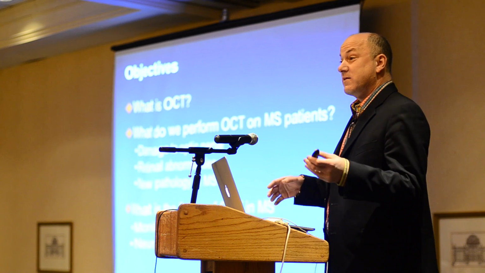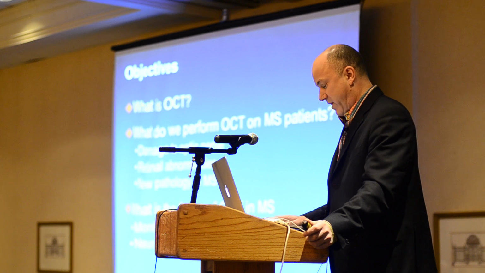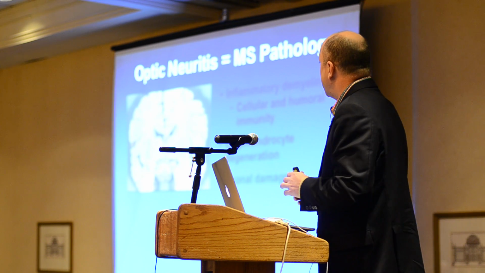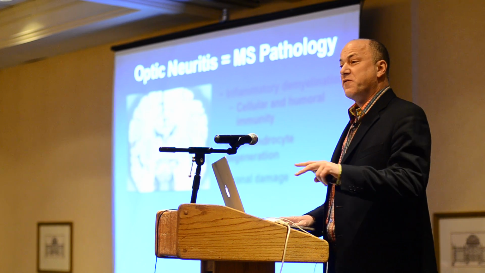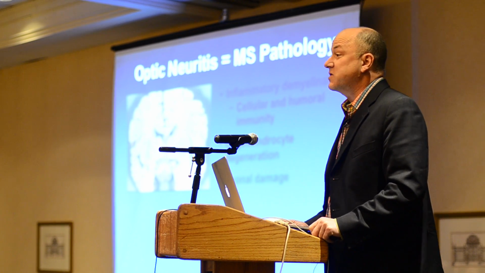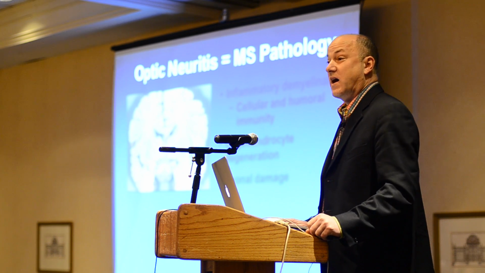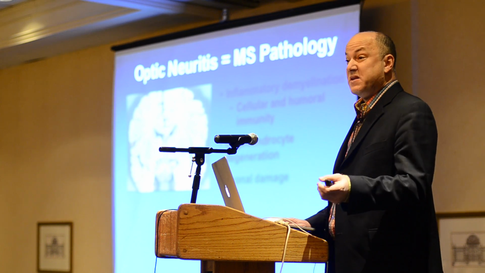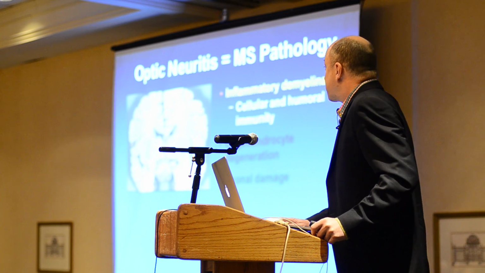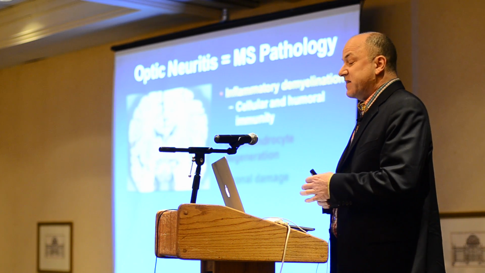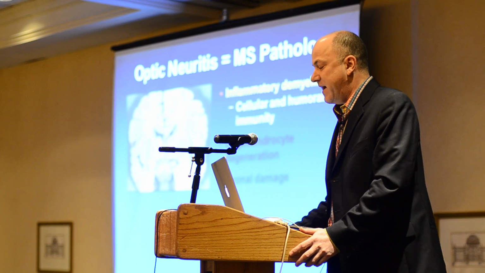So you're thinking, what in the hell are we looking at the eye for when the problem's in the brain? Well, simply, in MS, when people have pathology of the optic nerve, and many of you have had optic neuritis, or inflammation of the optic nerve, which is the most common presenting sign of multiple sclerosis and happens in about 70% of all MS patients, the optic nerve is experiencing the same inflammatory injury that occurs in any other lesion in the MS brain.